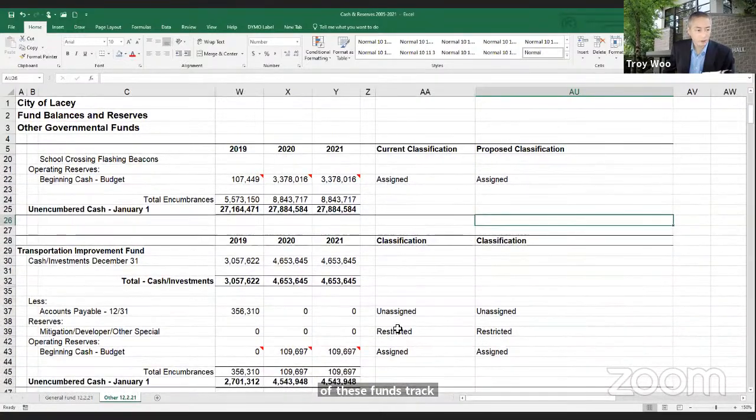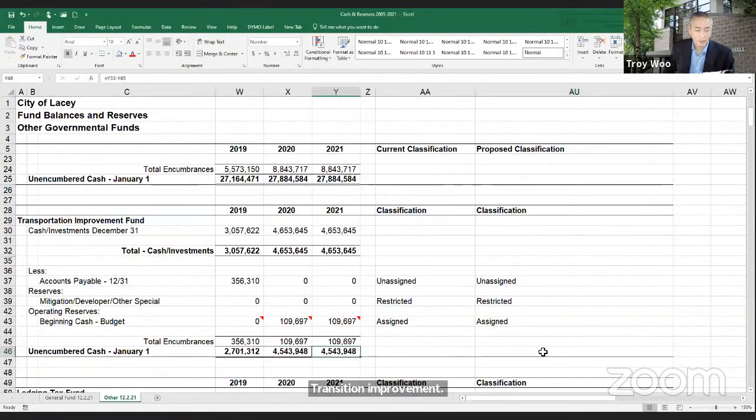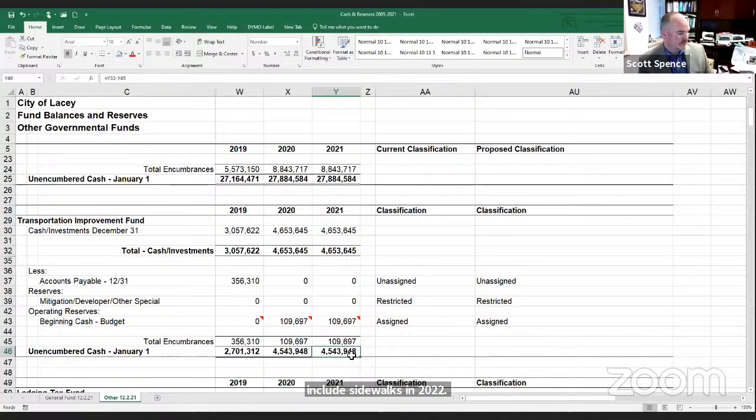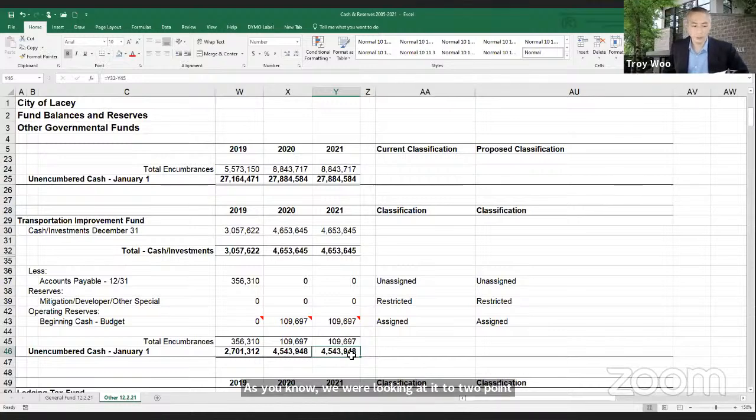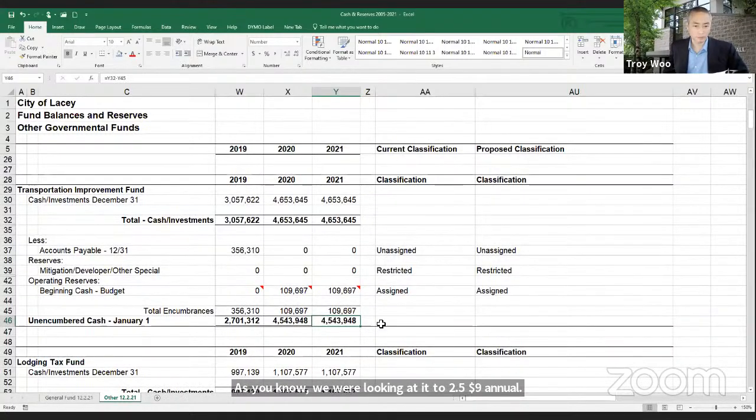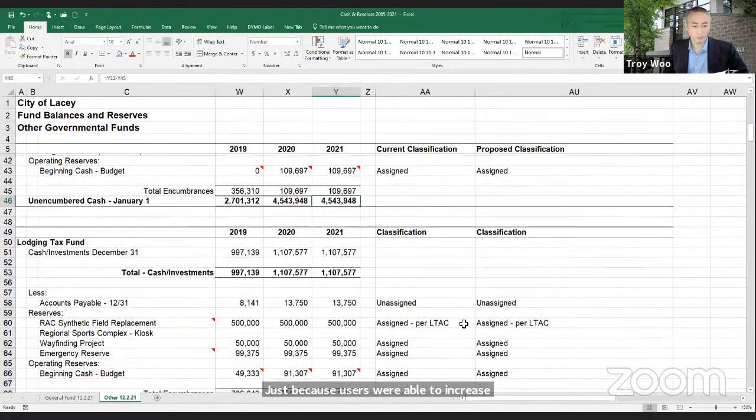Through the budget process, we're scheduled to do about 4.5 million, 4.75 when you include sidewalks, in 2022. We were looking at a $2.5 million annual overlay program. Just because of these reserves, we're able to increase that in 2022.